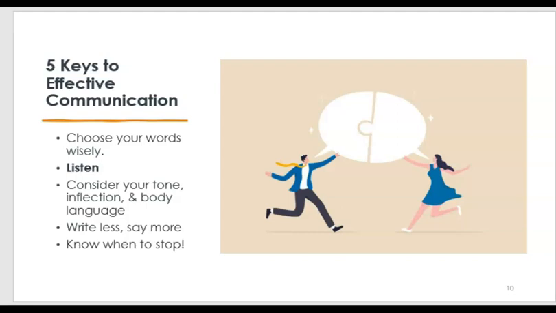The tone and inflection is also important. If you're writing down feedback, remember you can write less and say more. So we want to provide the most objective details, and instead of all of the subjective, how I felt or how I think that person felt, etc. And know whenever you've said enough.